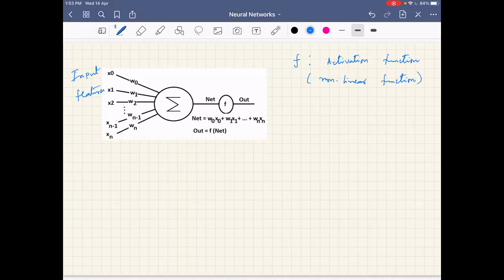Given this, the output depends upon the input like this. For training a neuron, we have a set of samples D, x1, x2 and so on up to xn, n samples. Some of them may belong to class 1 and some to class 2.